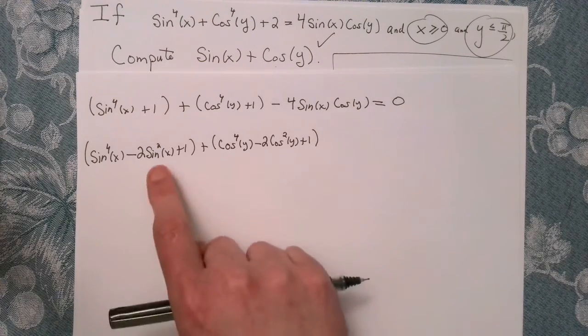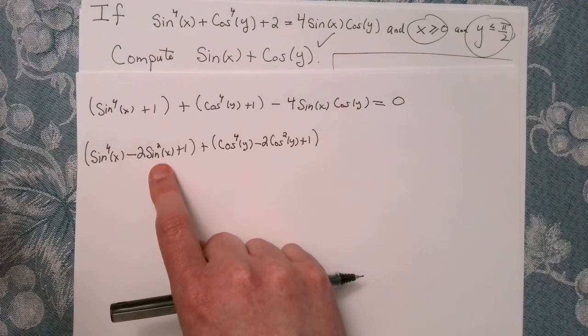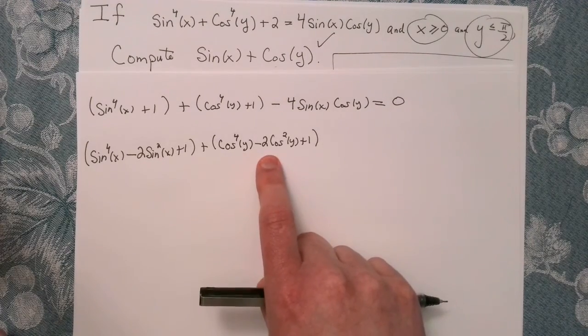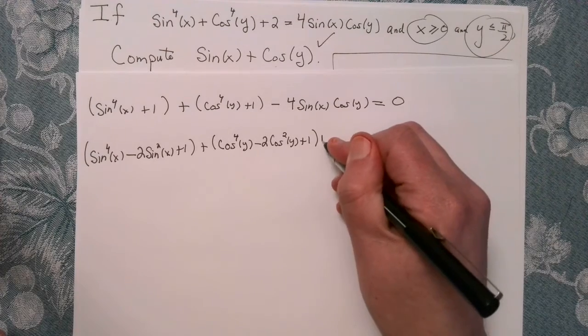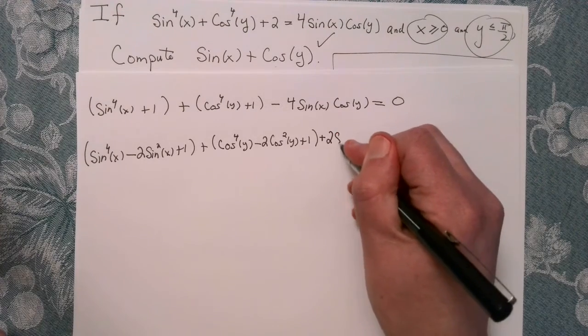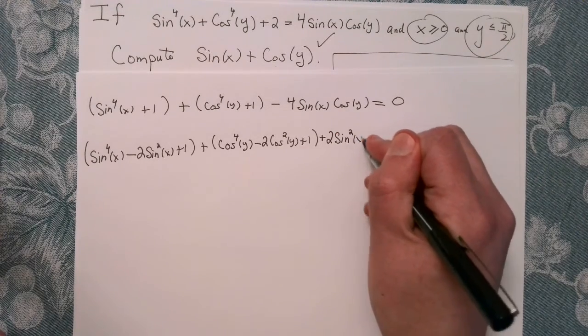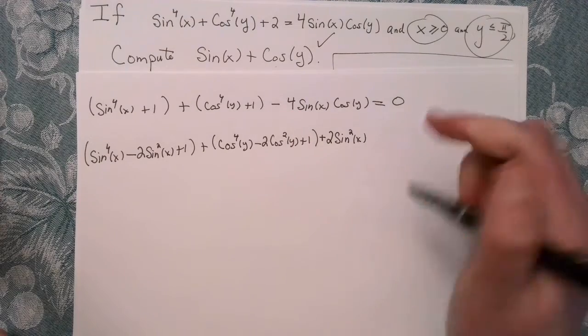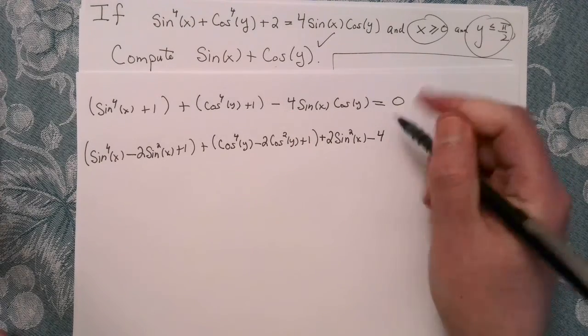But to make this legal, we're going to go ahead and add 2 sine squared of x and also add 2 cosine squared of y. So right here I'm going to add 2 sine squared of x. I'm going to bring this down because we still had that from before, remember?